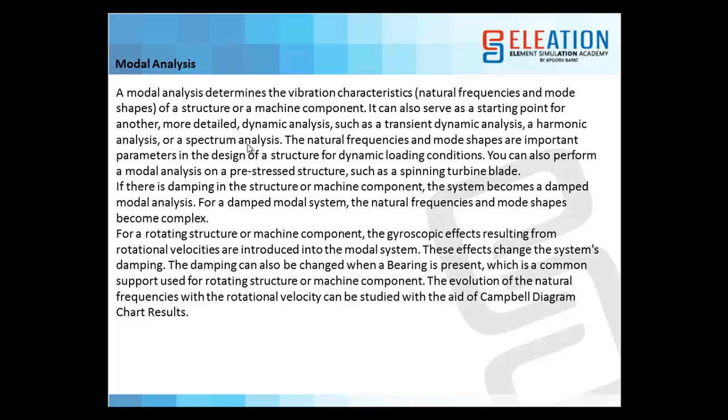These effects change the system's damping. The damping can also be changed when a bearing is present, which is a common support used for rotating structures or machine components. The evolution of the natural frequencies with the rotating velocity can be studied with the aid of Campbell diagram chart results.